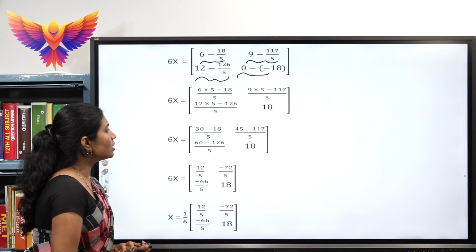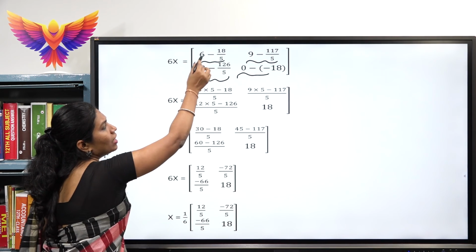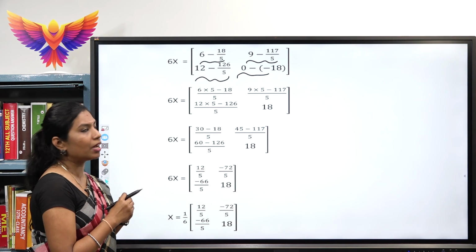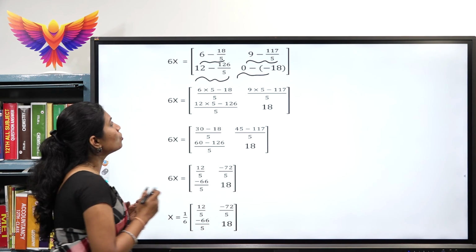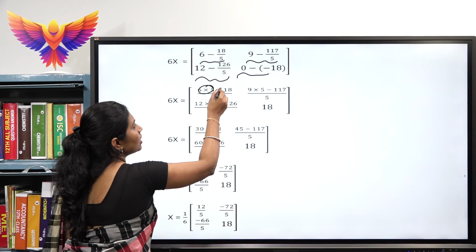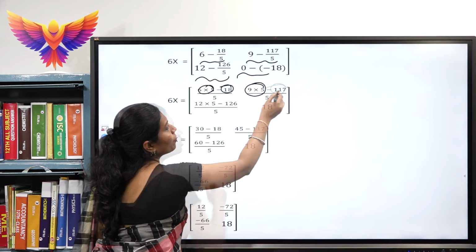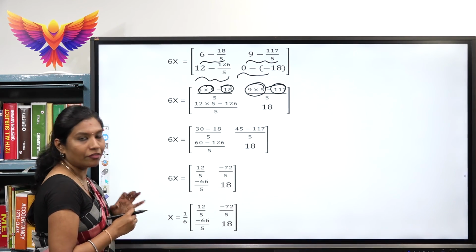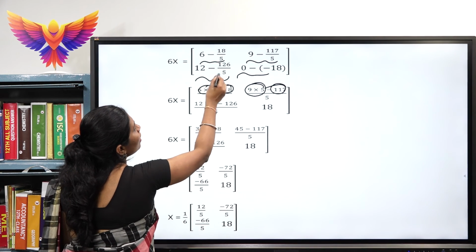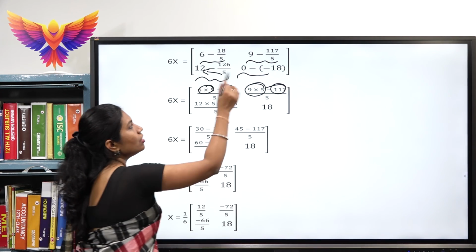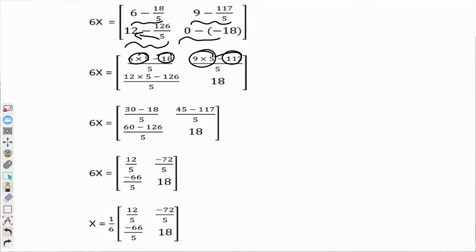So, I got it as, normal simplification needs to be done here, just cross multiplying and finding out. So, 6 into 5 minus 18 divided by 5. The same way 9 into 5 minus 117 divided by 5. Similarly, 12 into 5 minus 126 divided by 5 and minus of minus 18 which is plus 18.